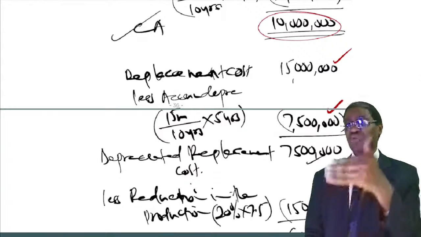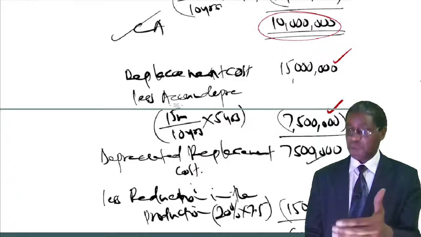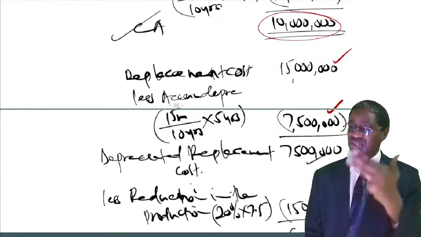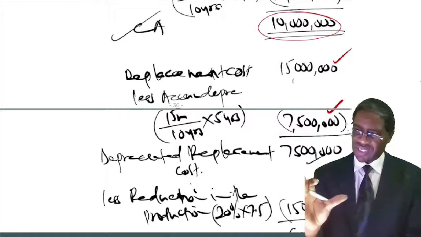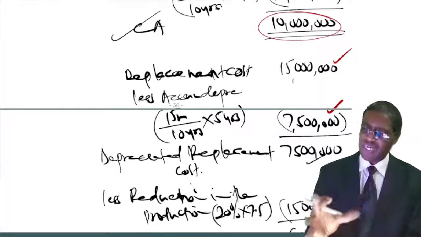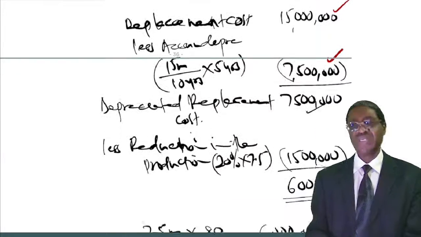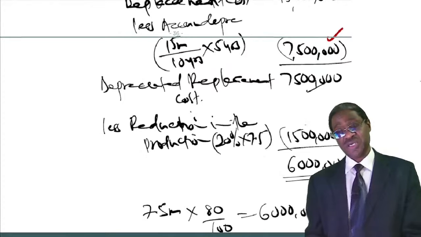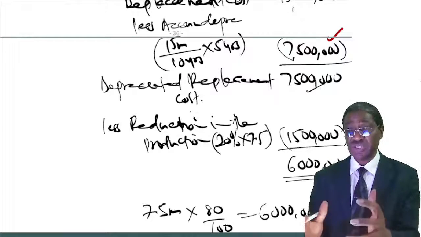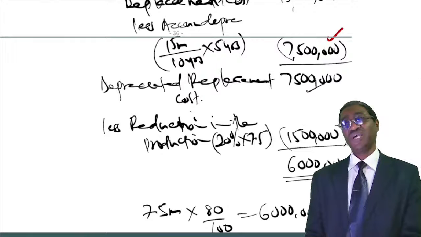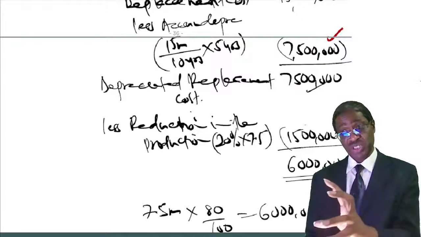Then you get the value in use. Method 3, service unit approach: again, once you get the depreciated replacement cost, you minus the proportion of the reduction in the efficiency of the machine.